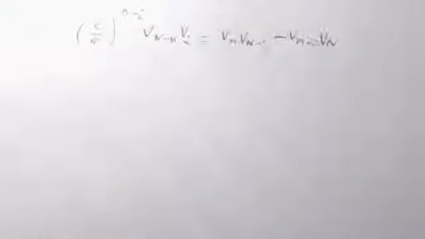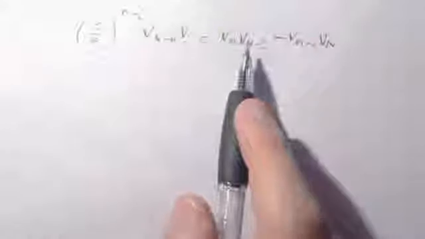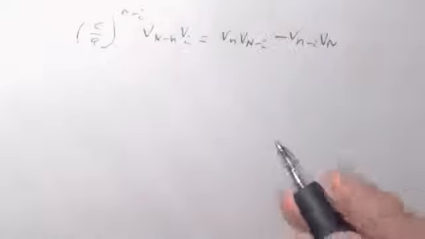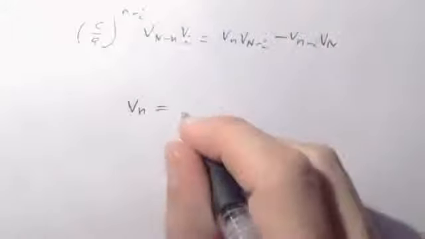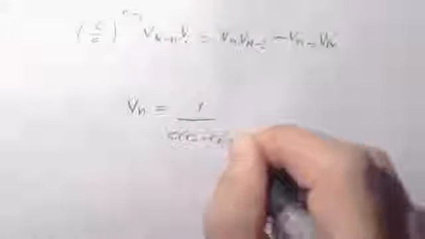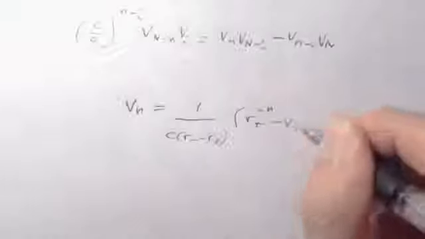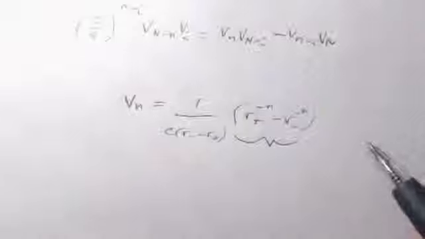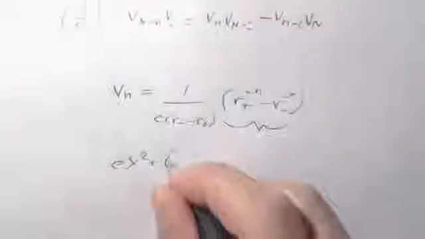First thing we should probably note is that this sequence vn is going to follow a recurrence relation. It's got a simple recurrence relation based on the fact that vn was basically equal to a constant, which was 1 over c(r plus minus r minus), multiplied by r plus to the minus n minus r minus to the minus n. And here we have negative powers of roots of the following quadratic: cx squared plus bx plus a.